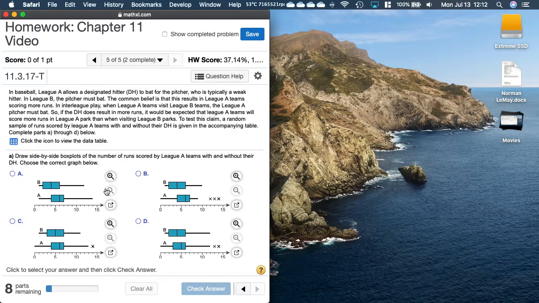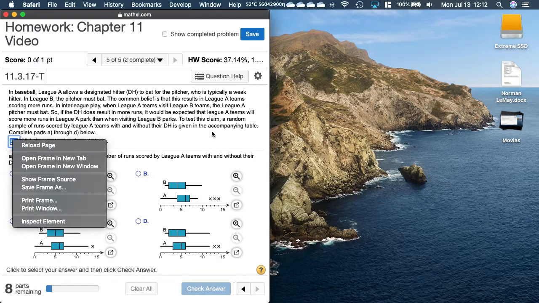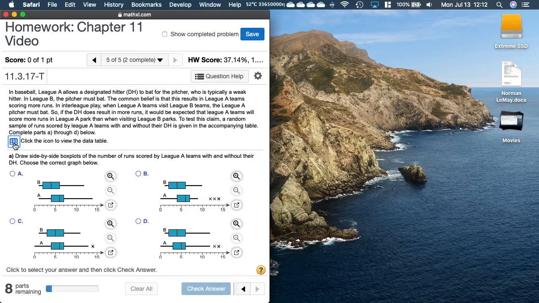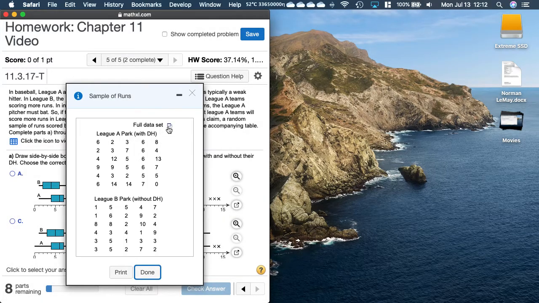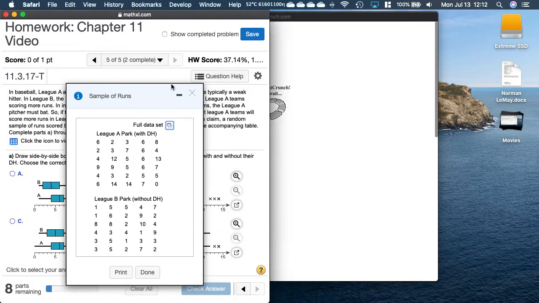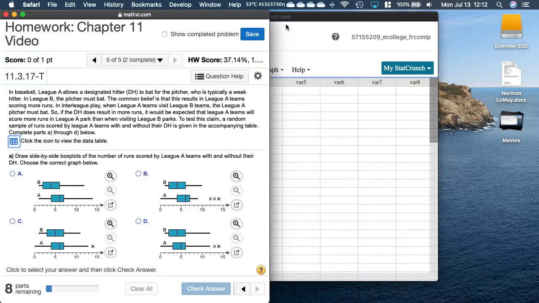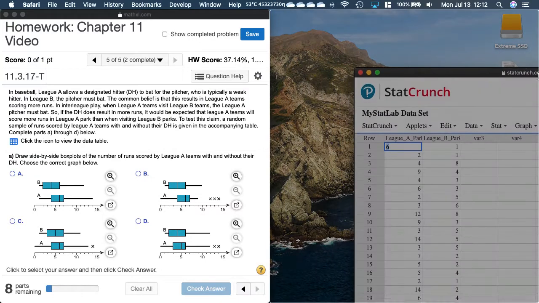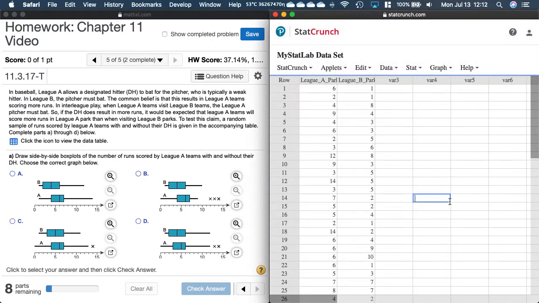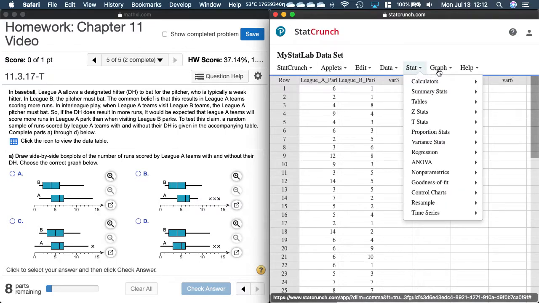Here basically we're asked to construct a box plot, so we can just go ahead and open up our data here. We'll choose that, and open this up in StatCrunch. Go ahead and close that out. Okay, so here we have our two data sets. So we got to do some graphing here.